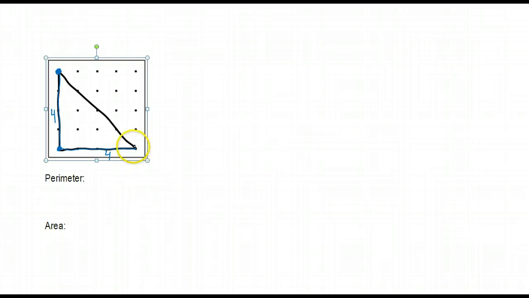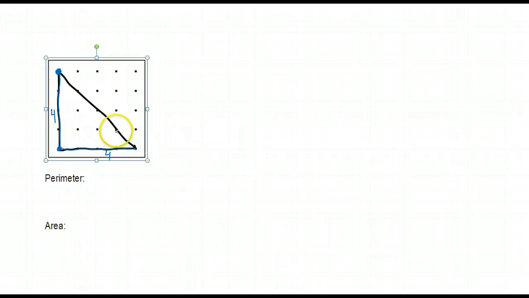Now if I connect diagonally, 1, 2, 3, 4. But if I look, when I connect diagonally, I'm actually going further than if I connect horizontally or vertically. The diagonal length is longer. The question is, how much longer?